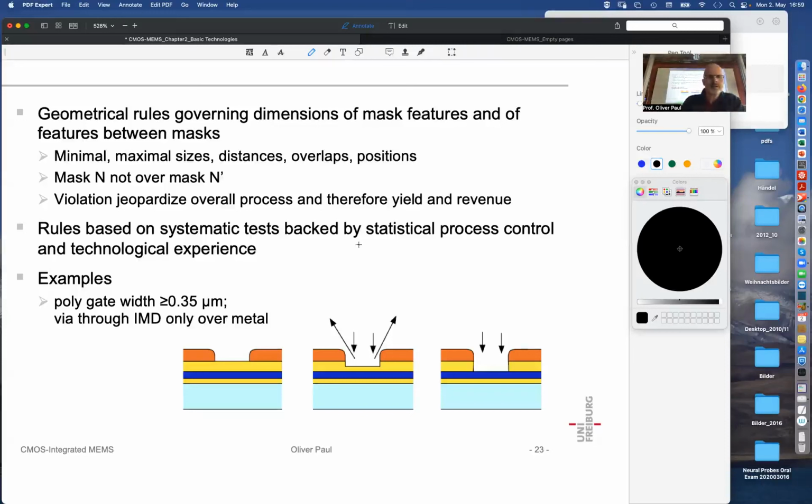Rules based on systematic tests are backed by statistical process control and technological experience, so they should be respected. And here you see a design rule that tells you that the etching of the IMD, the intermetal dielectric, for a via should only be over metal 1. That's the purpose of this via, to contact metal 1 to the next level, the metal 2 layer. Well, you may say, wouldn't it be great?